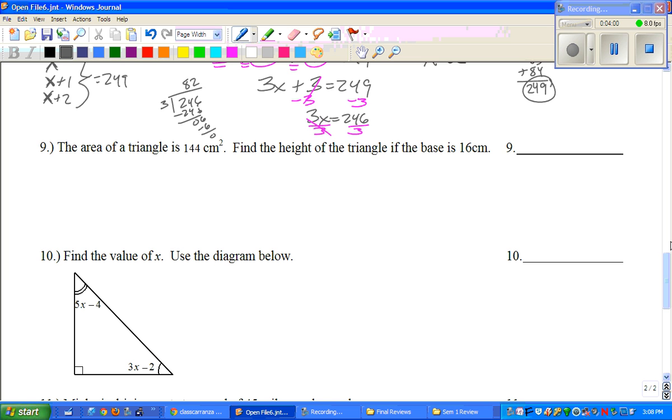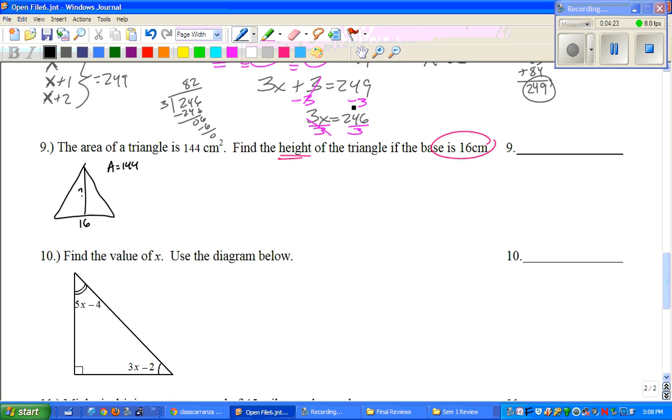Okay, number 9 says the area of a triangle equals 144 centimeters squared. Find the height of the triangle if the base is 16. Okay, so we're trying to find the height. We know the base is 16 and the area is 144.